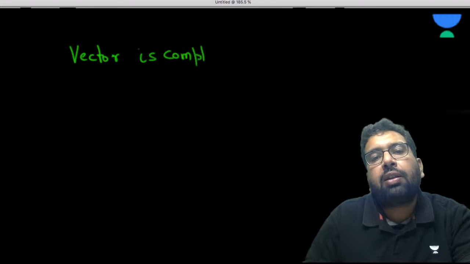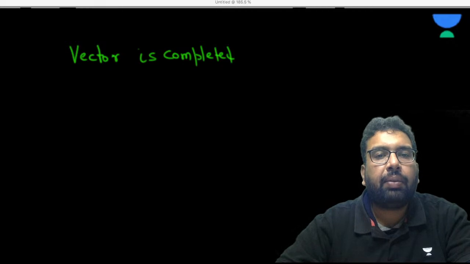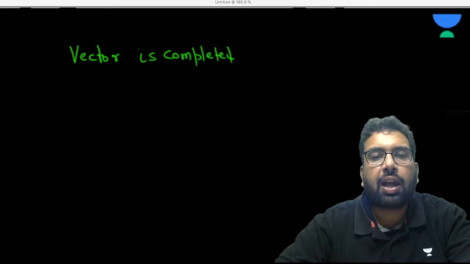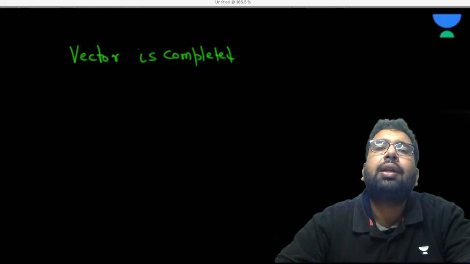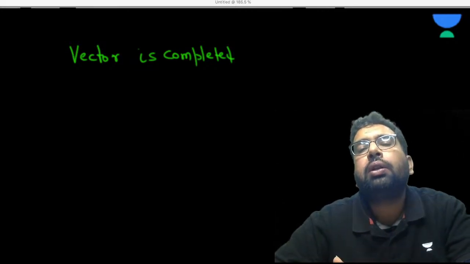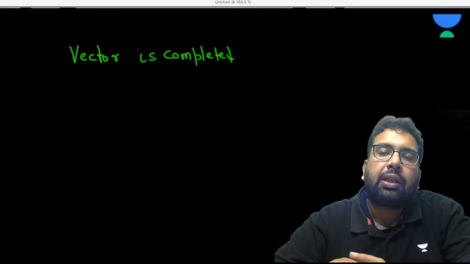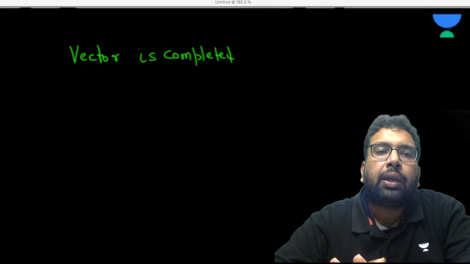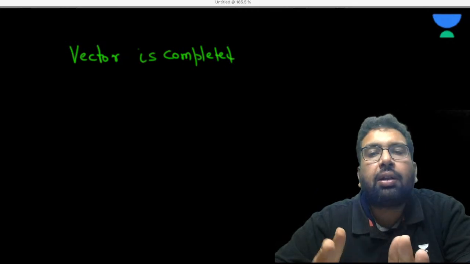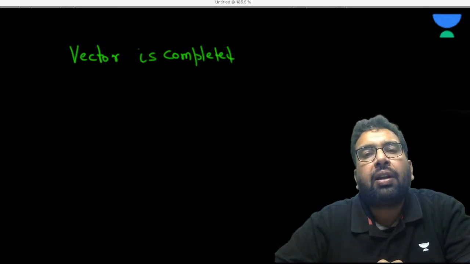Basically, I was saying vector is a chapter, beta, which has a lot of use in entire physics. You can see it's used in forces, in angular, that is rotational mechanics, in the electric field, magnetic field.